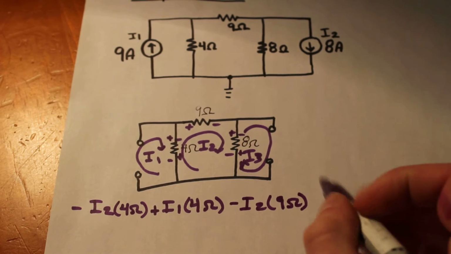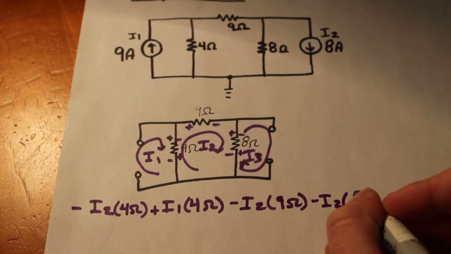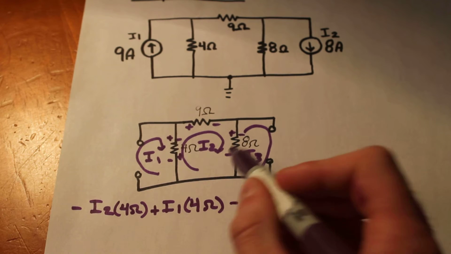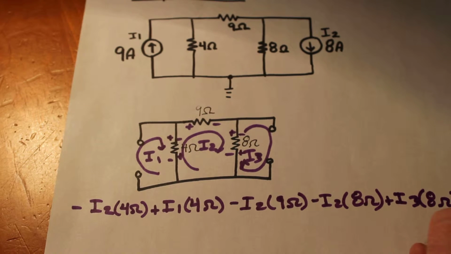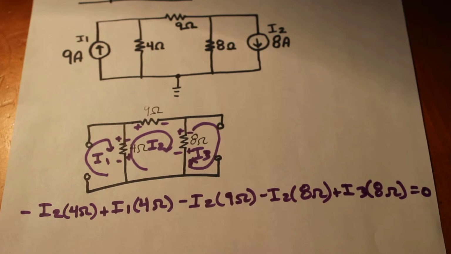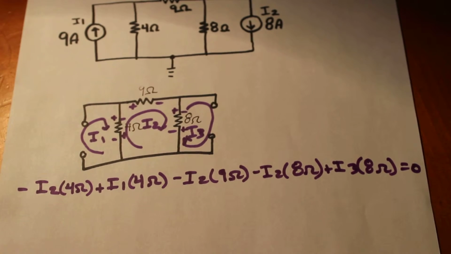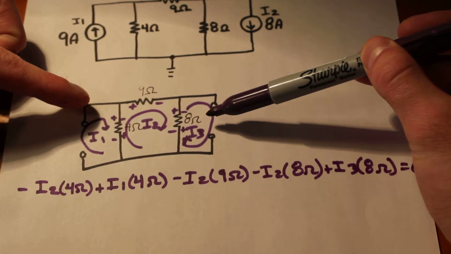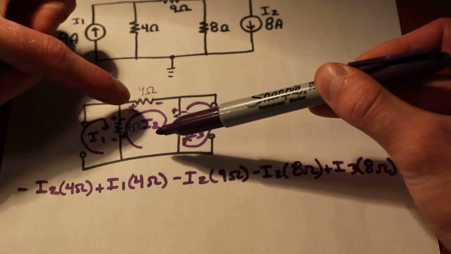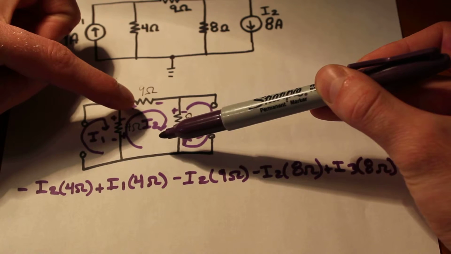Continue down, minus I2 times 8 ohms, and it's shared with I3, so plus I3 times 8 ohms, equals 0. The only way that these two are included is when you're formulating that I2 equation.